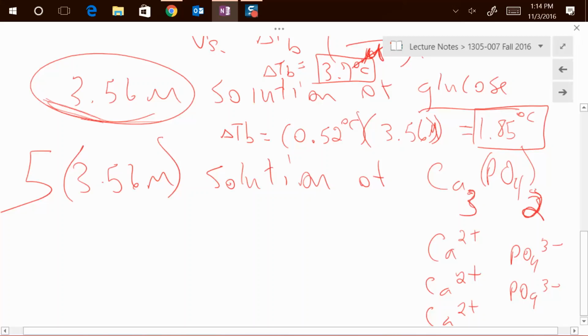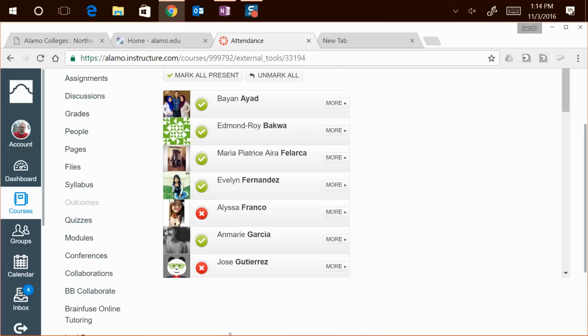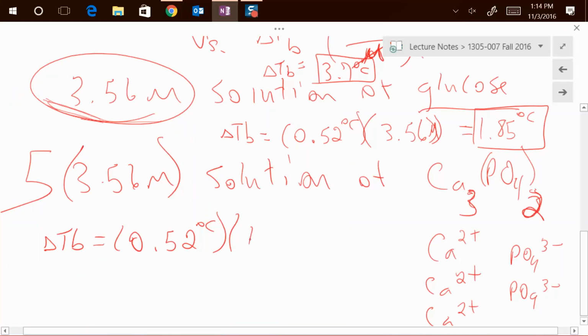Okay, how about for the last one? So here, my delta TB is equal to 0.52 degrees Celsius times what? 5 times 3.56? What is that? 17.8?